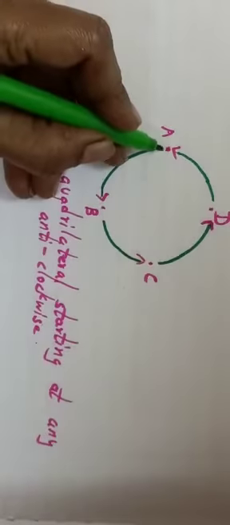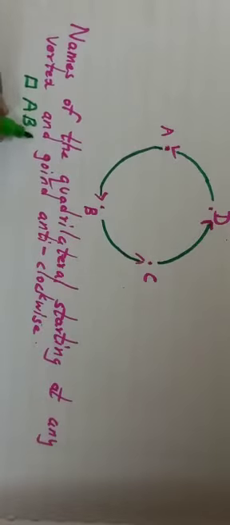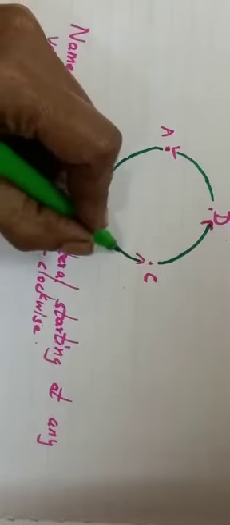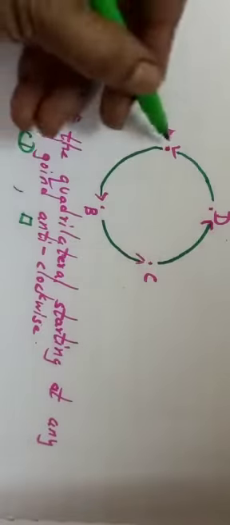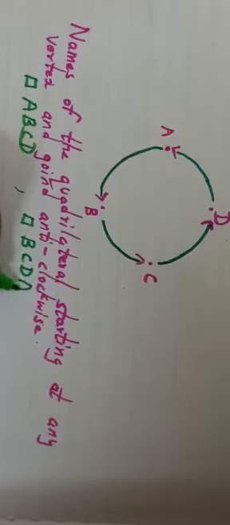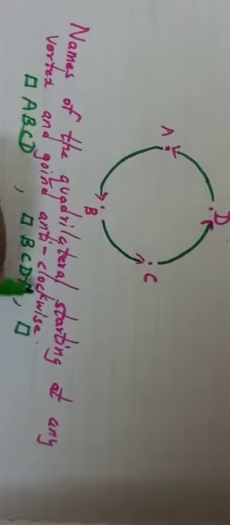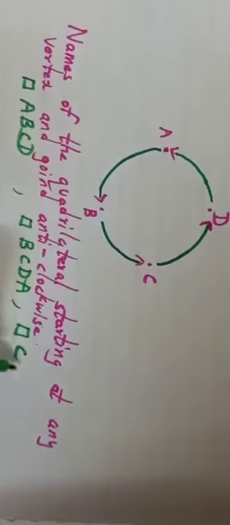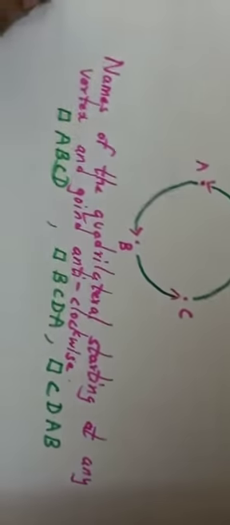So here see, I'll start with A, B, C, D. So I'll just write fast, quadrilateral A, B, C, D. The arrow you can see from A to B, B to C, C to D. Now next quadrilateral name I will write, quadrilateral B, C, D, A. B to C, C to D, D to A. Next, quadrilateral from C now, C, D, A, B. Now which one is left?